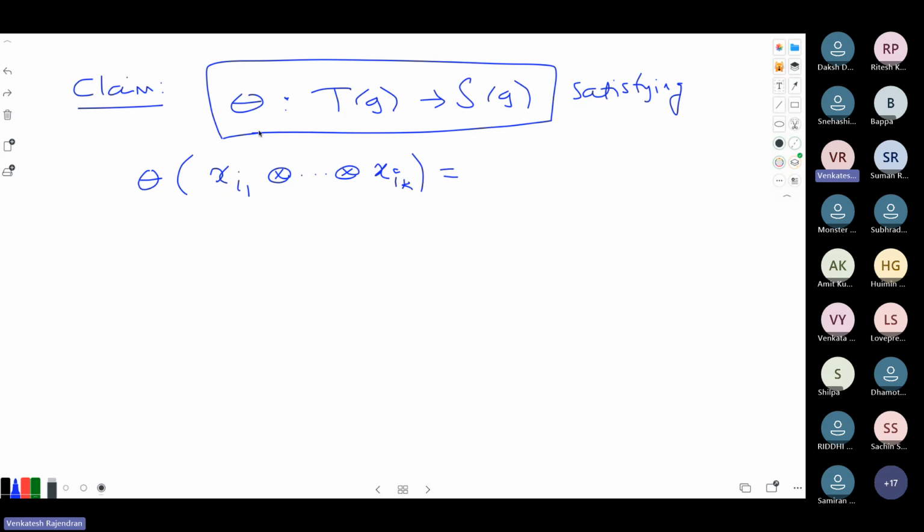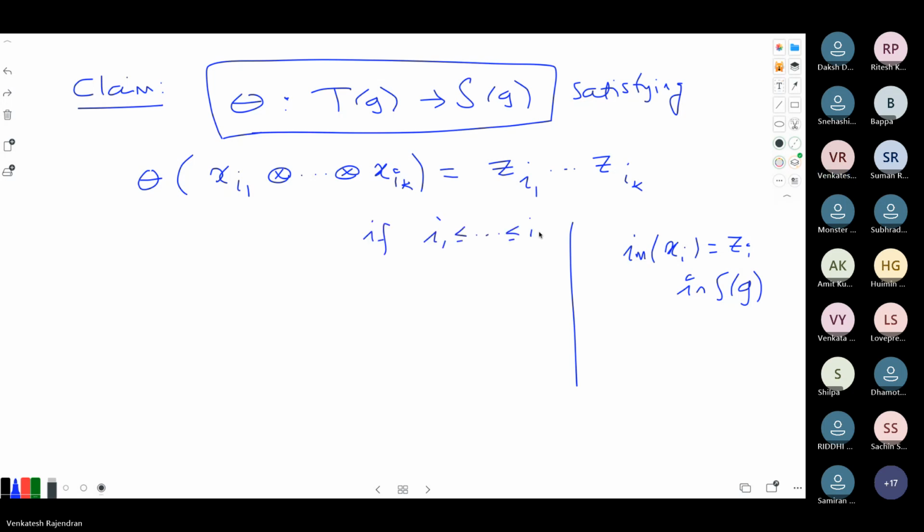You take this xi1, etc., xik, that element, and it is mapped to its image, let's call it zi1, etc., zik. What I mean by that is the image of xi, we are calling zi inside SG. So if this is in the correct order, the image of the monomial is exactly zi1, etc., zik.